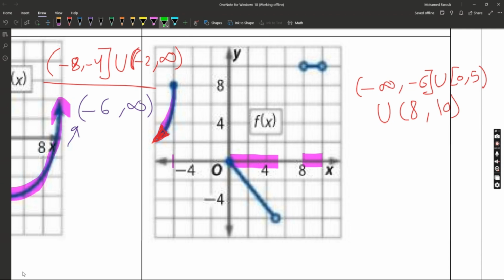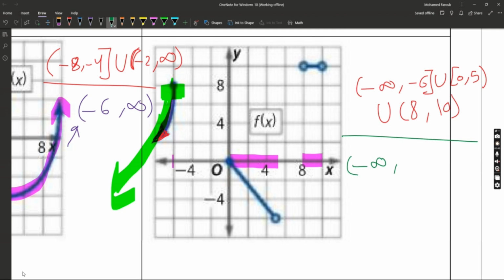Okay, let's search for our range. Do you see this arrow? It means it goes all of the way down to negative infinity and it covers all of the points up to here. So I can say my range starts from negative infinity till 8. This 8 is a square bracket because it's included in our range.